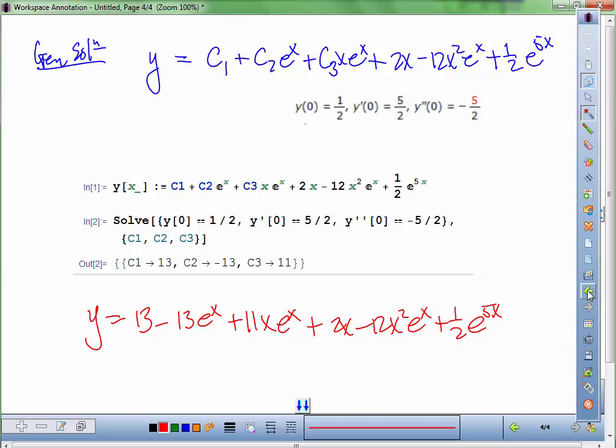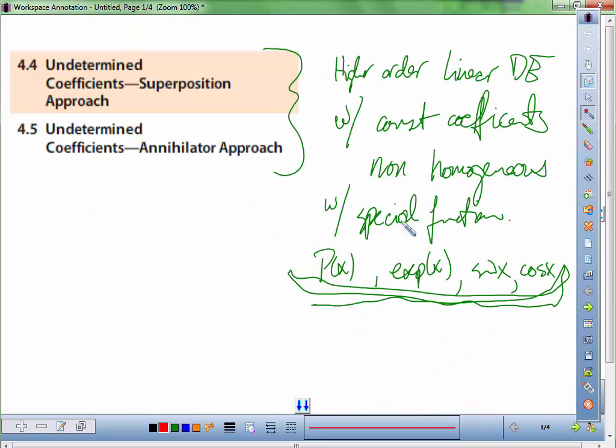But our restriction to the non-homogeneous is that we're restricted to nice functions like polynomials, exponentials, and sine and cosine functions. And then we do methods of undetermined coefficients, and that got a little bit more difficult. And now we're going to try to tackle an idea where what if your right-hand side was not any of these easy functions, like a tangent or a 1 over x or something else, then what are we going to do?